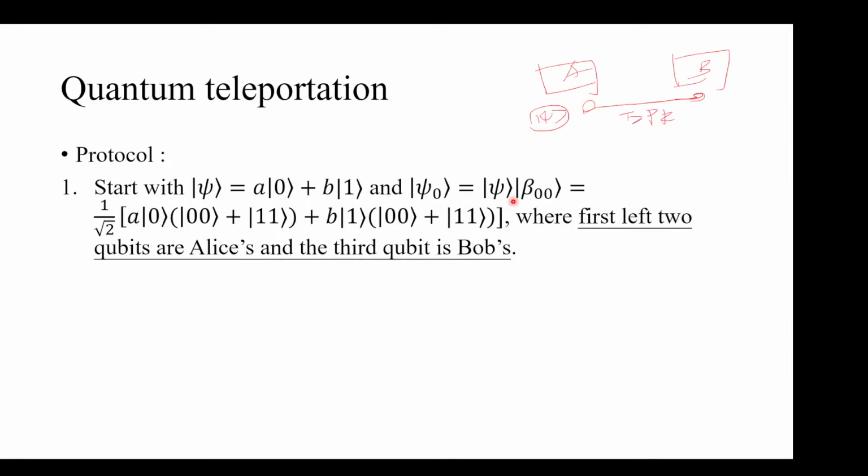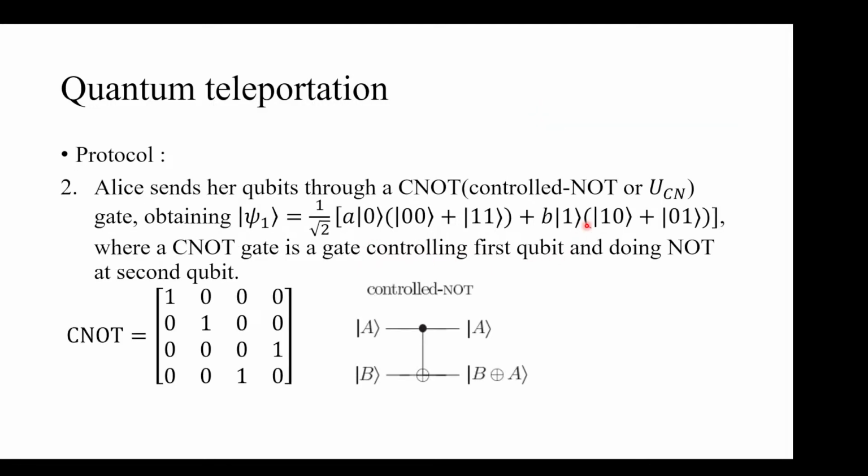And if the control qubit is 1, then we flip the target qubit, so the target qubit from 00 and 11 becomes 10 and 01. Once again, remember we have our tensor product rule. The CNOT gate acts on the first and second qubits, and it's identity on the third qubit.